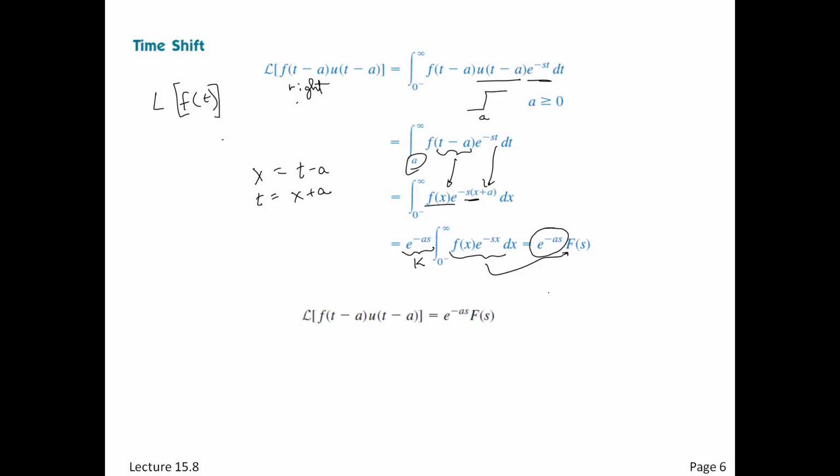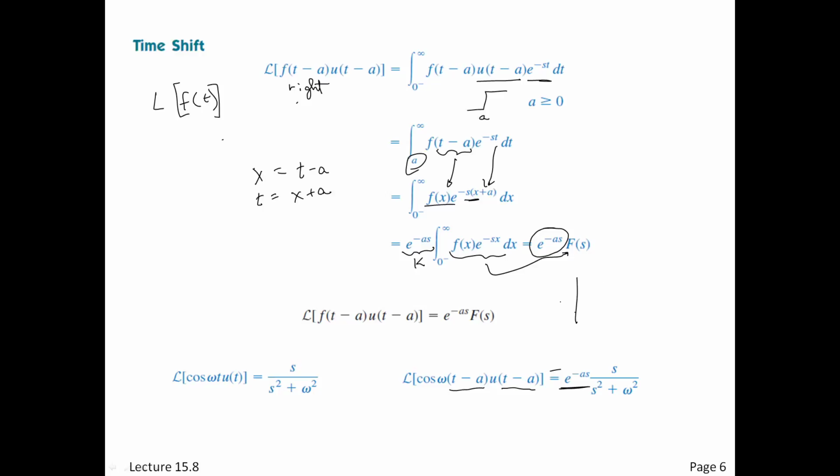How does this matter? Here it is summarized in black, so it gathers it all together. We've just gotten done doing the Laplace of cosine omega t. If we want the shifted version, all we do is take the old one and multiply it by this, and that gives us our time-shifted cosine.